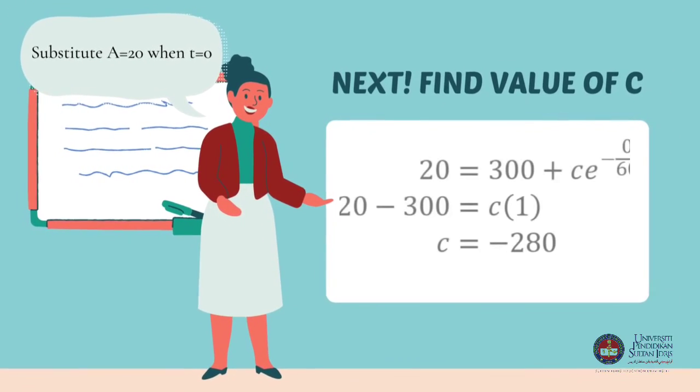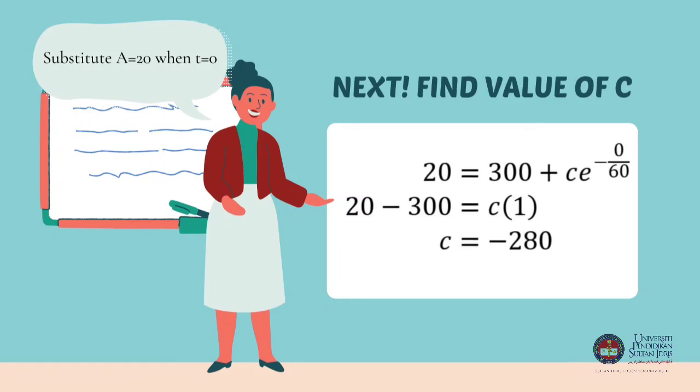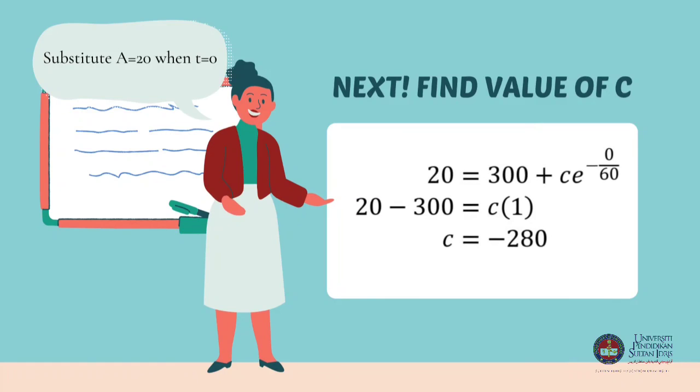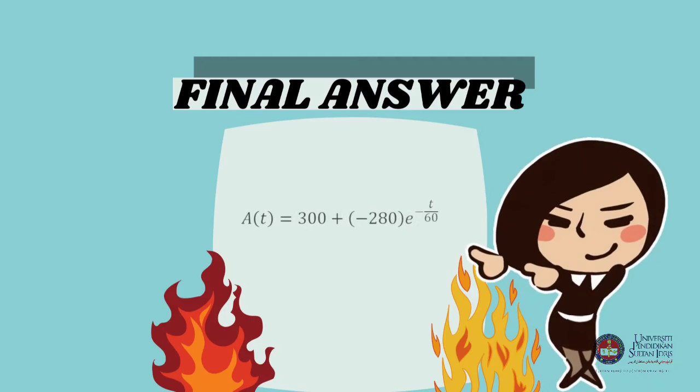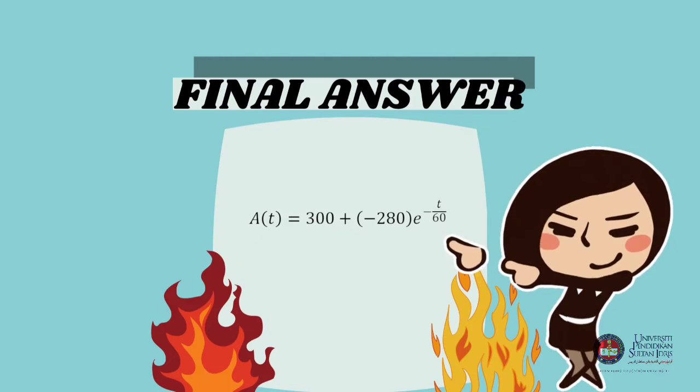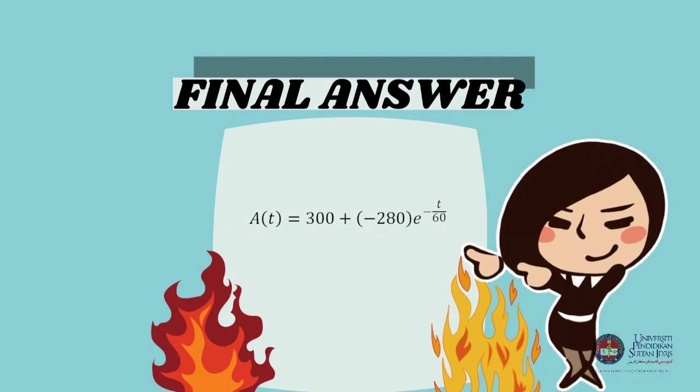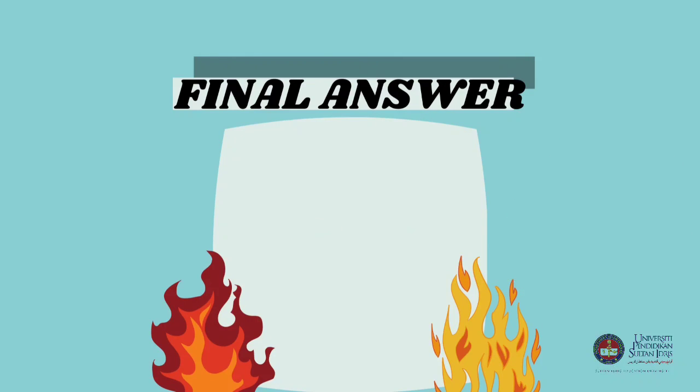We need to find c. So, to find c, substitute t equals 0 and the amount of salt equals 20. Calculate it and we will get c equals negative 280. Now, substitute c equals negative 280 into this equation.